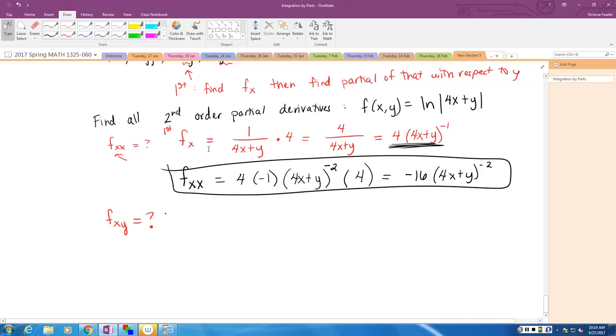Do we have that? Yes. Okay, so we have the partial of f with respect to x. We wrote it as 4 times the quantity 4x plus y to the negative 1. The notation says now I'm going to take the partial of that with respect to y.